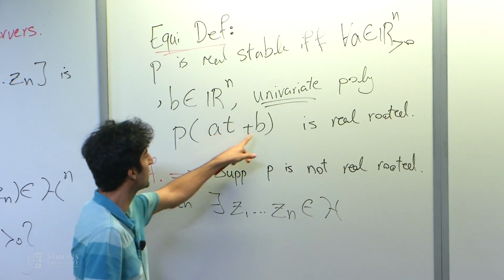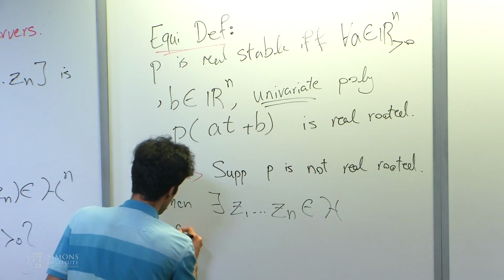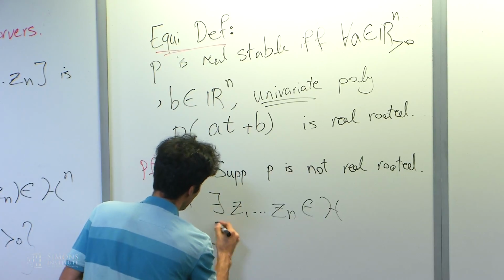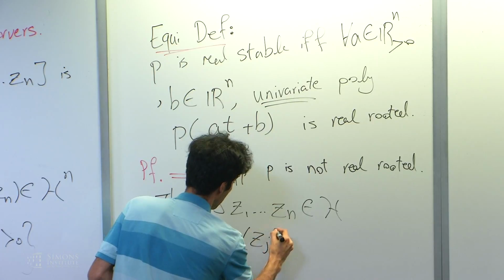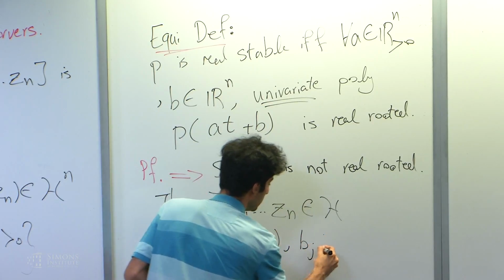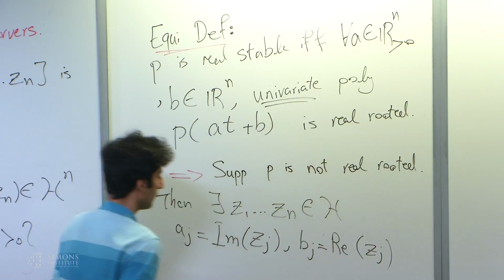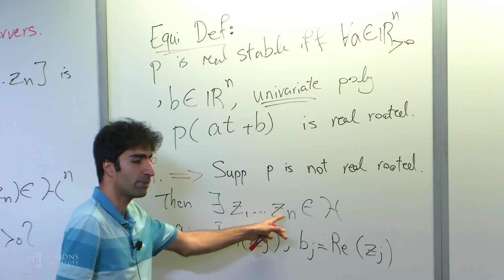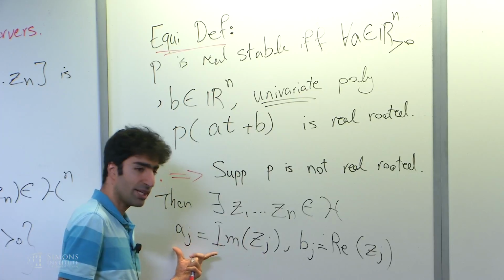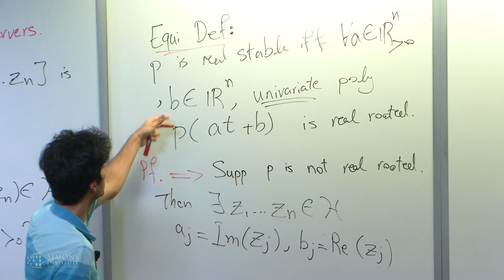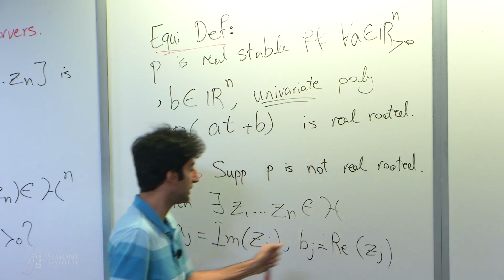Now I want to construct a and b. So I define aj to be the imaginary value of zj, and bj to be the real value of zj. Then, because the zj's have positive imaginary value, aj is positive. So this vector satisfies this property, and b is a real vector.